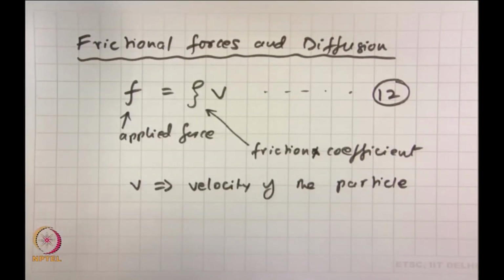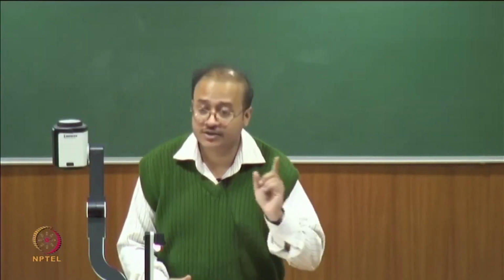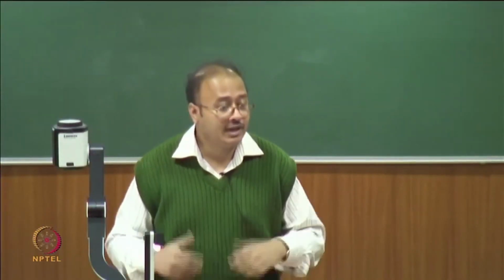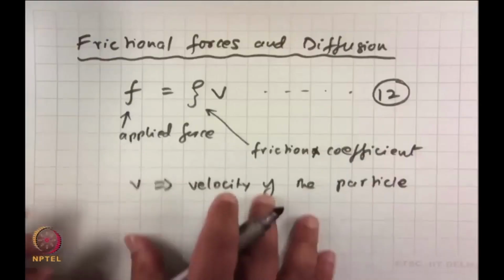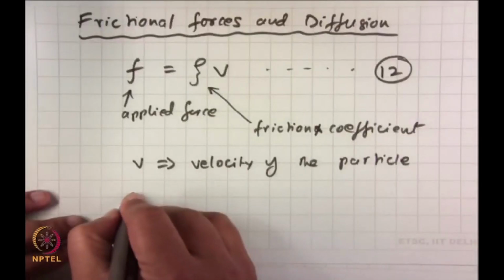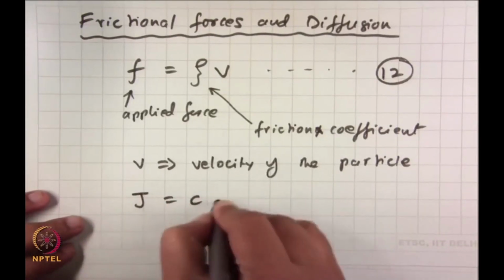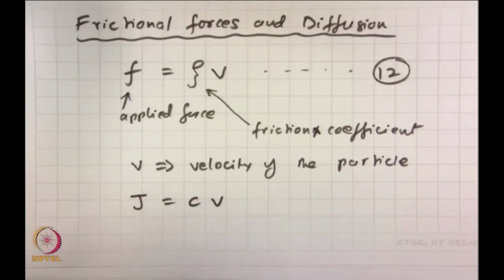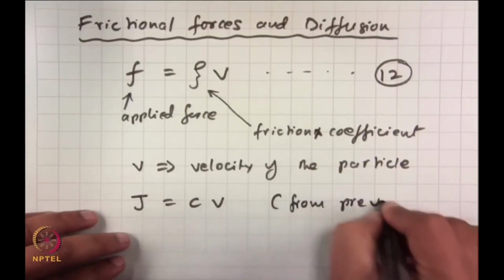Now, they are straightforward, so nothing big about it. Now, whenever we talk about diffusion, we have learned something which is very fundamental to diffusion, that is the flux J. So, we have to be able to relate this to our flux J. Now, remember, what was your flux J? Your flux J, which we had derived in the previous class, is equal to C times v. This is from previous class, I have forgotten the equation number, but do not worry about it.